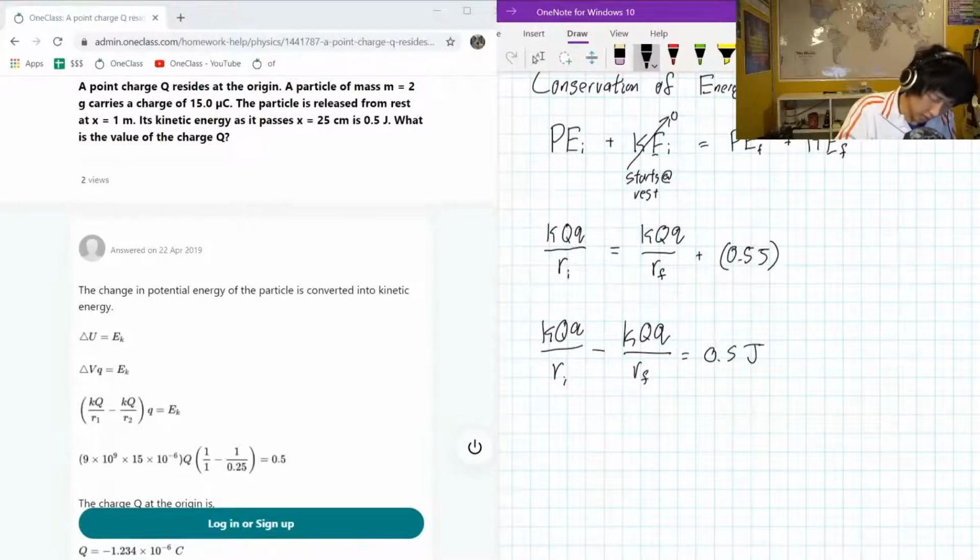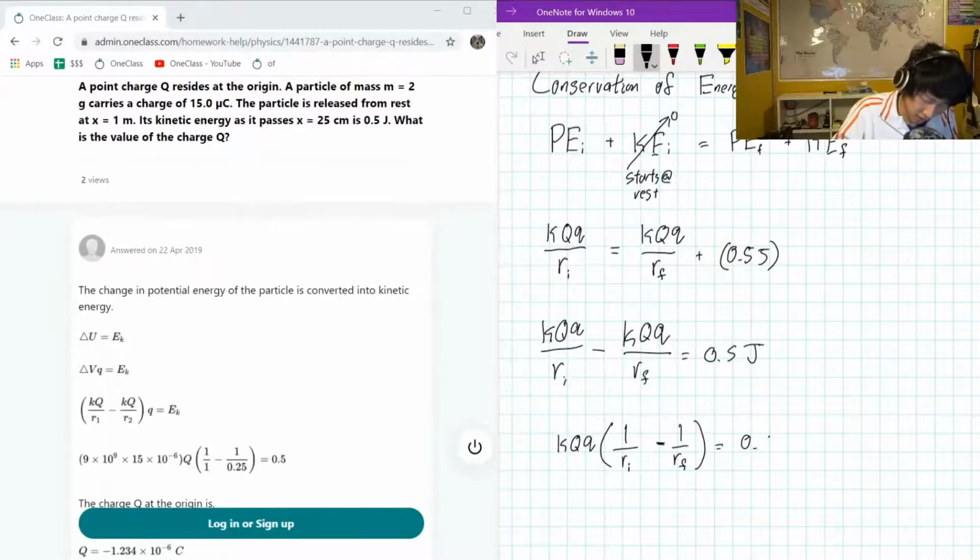So we'll factor out the k and both q's: kQq times (1 over Ri minus 1 over Rf) equal to 0.5 joules.